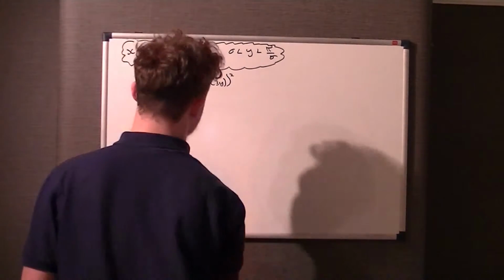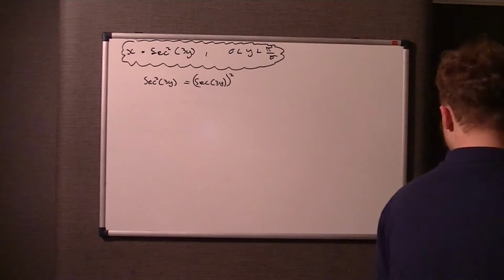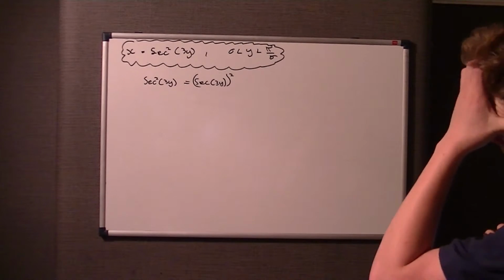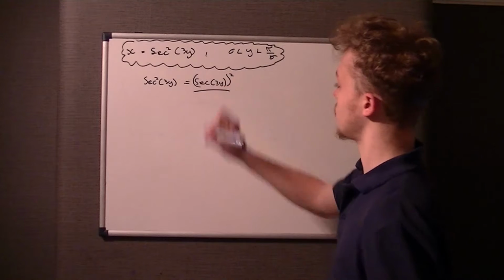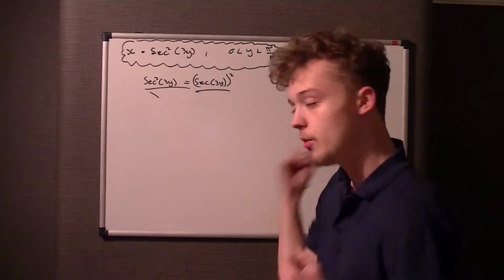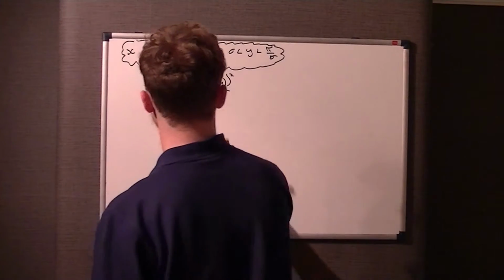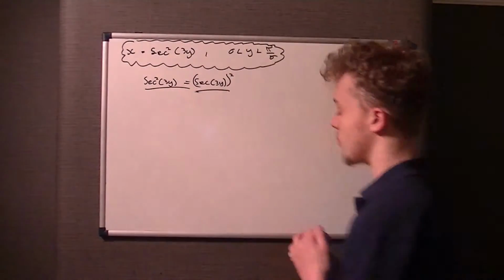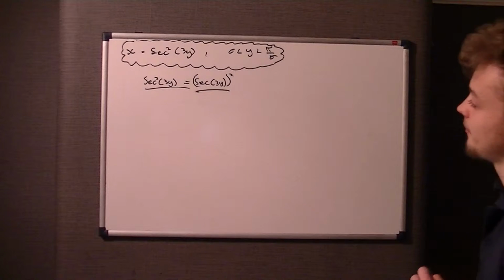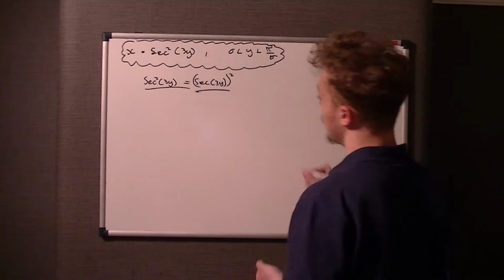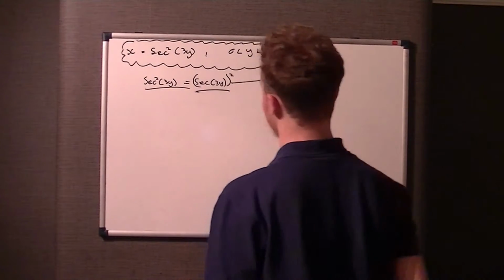You don't square what's inside the sec. If you differentiate that all squared, it's a lot easier, but they both mean the same thing. So we'd use the bracket rule of differentiation.